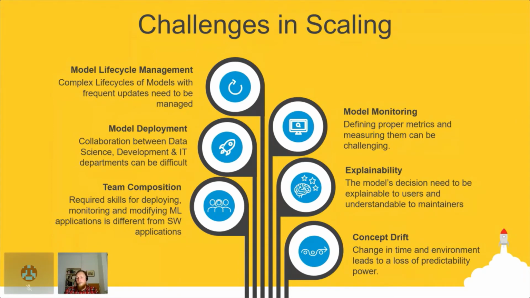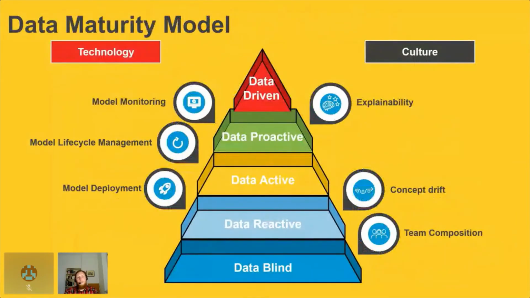And having an idea of these 6 challenges, how do they tie in with the data maturity model, and how can you pinpoint them on this maturity model? I think the first point, which is true across all levels and one of those that can continue up through the whole organization, is the challenge of team composition.